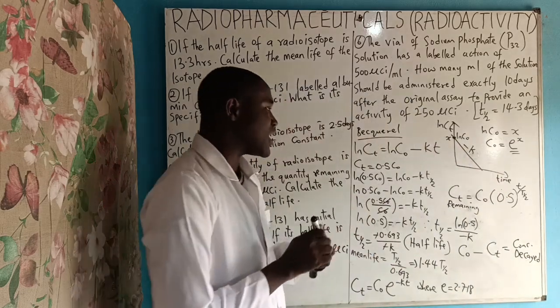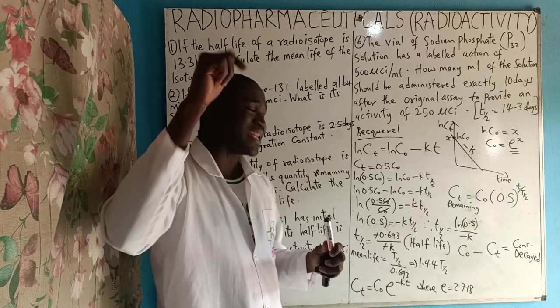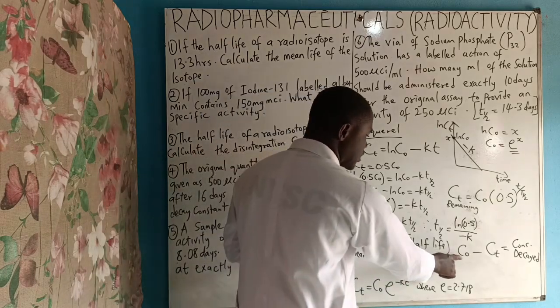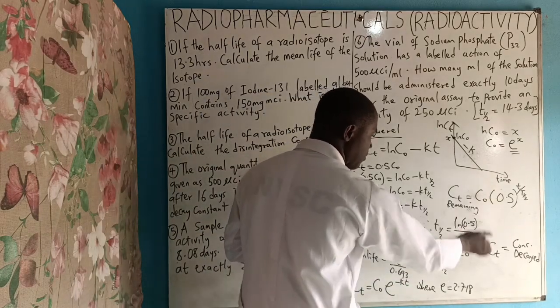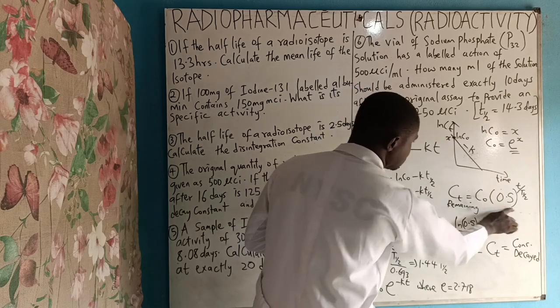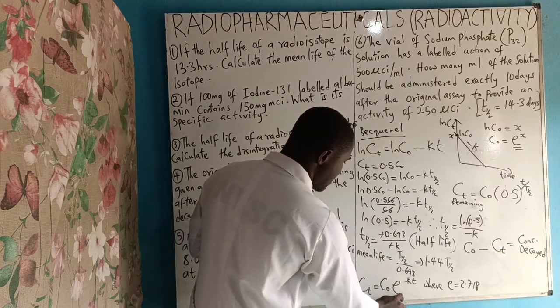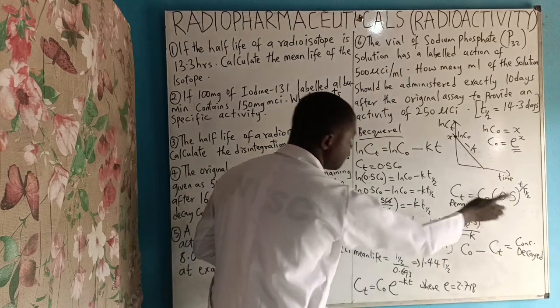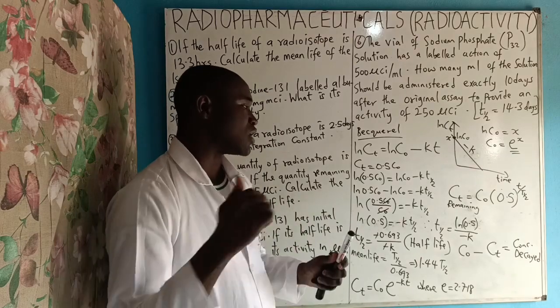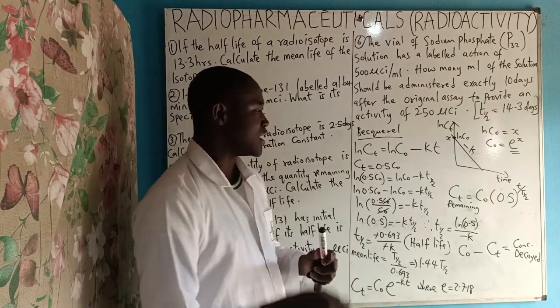So if you want to get the concentration that decayed, you take the total concentration, which is the initial concentration, minus Ct. And you must have gotten your Ct, or the amount remaining, using either of these two formulas. So you have to subtract it so as to get the concentration that decayed.